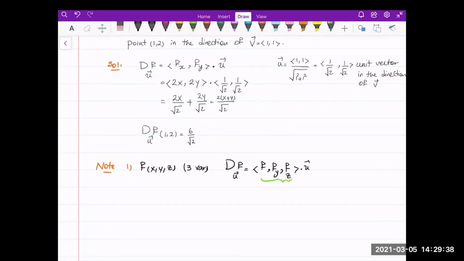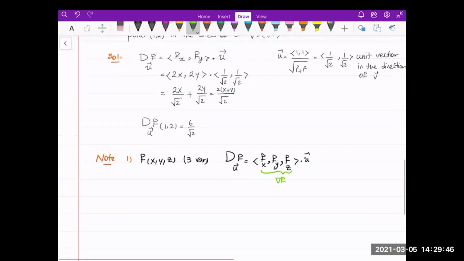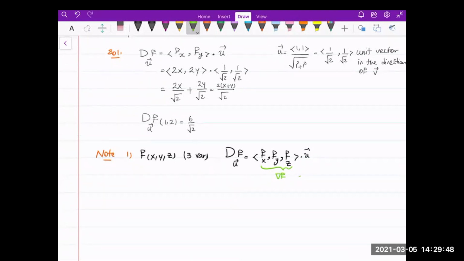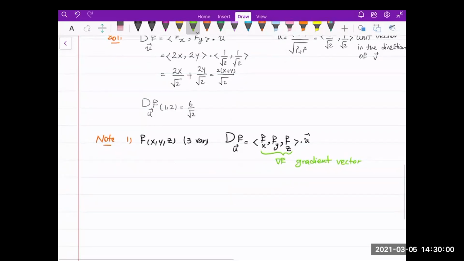This vector has a nice name, and it's called the gradient vector. We're going to use it a lot in chapter 16. And what is the gradient vector?